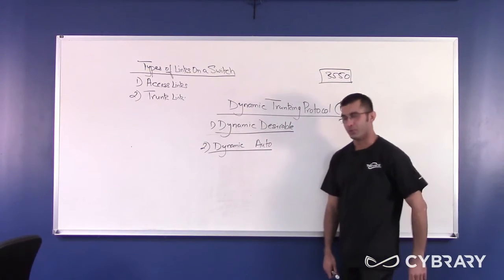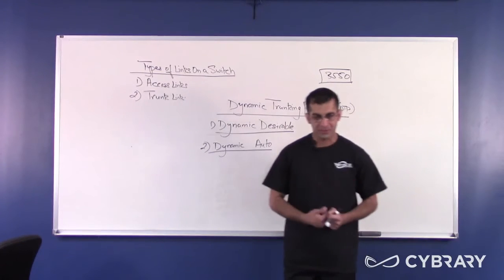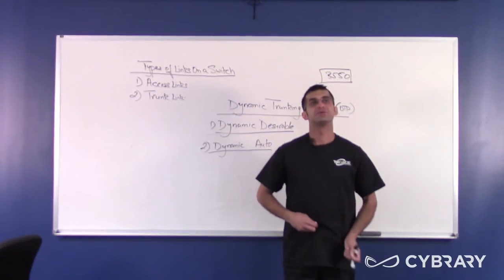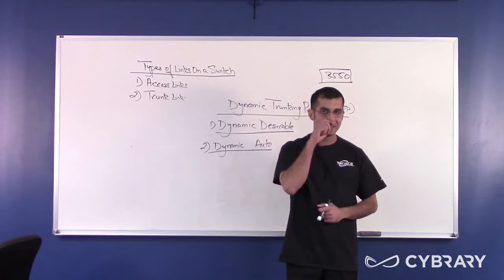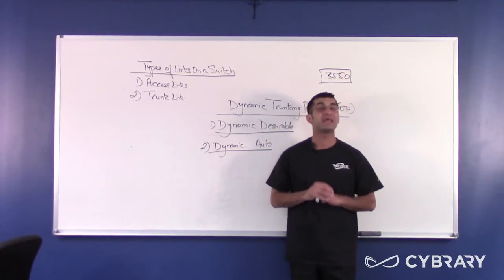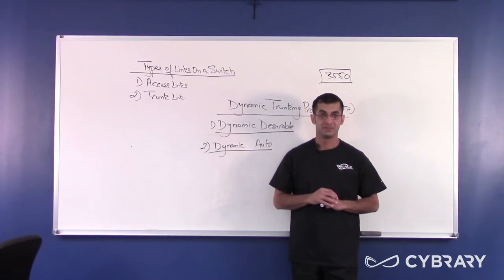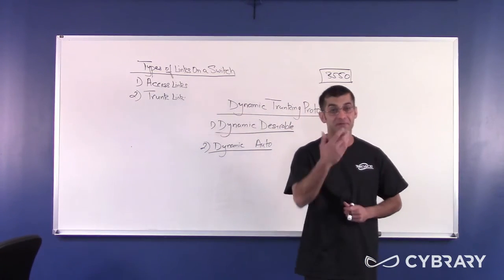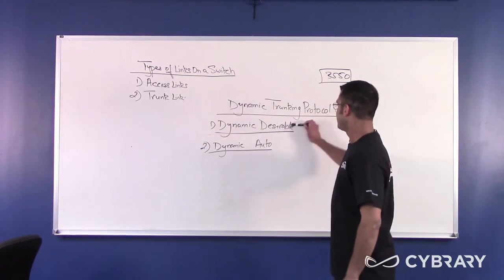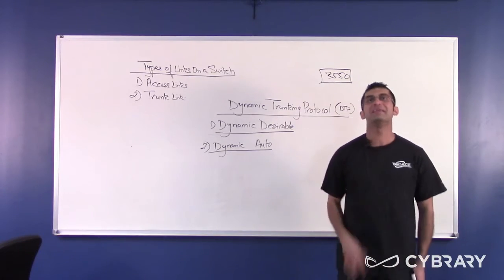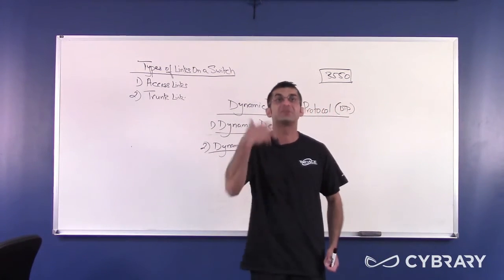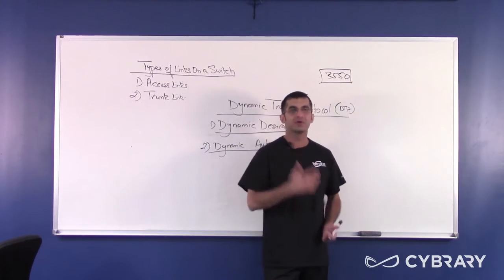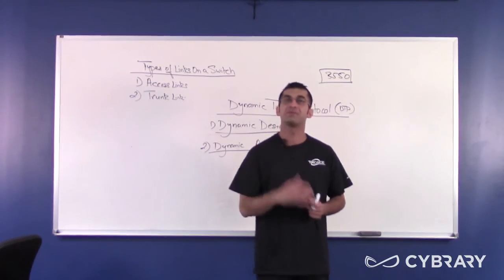The second mode is your Dynamic Auto mode. In Dynamic Auto mode, the port will respond to DTP frames from the other end, from the remote side, but it will not send DTP frames. So, in Dynamic Desirable mode, the port initiates trunking. It wants to create a trunk. Hence, it starts sending DTP frames and also responding to DTP frames from the other side.